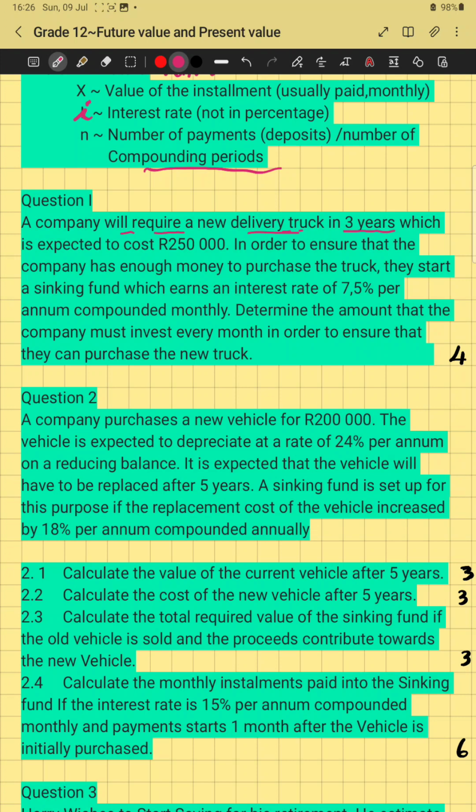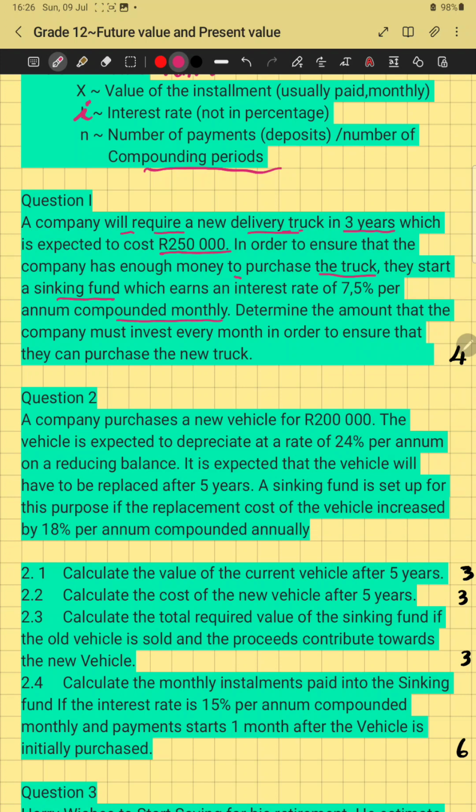They don't need it now, but they will need it in 3 years to come. Now let's continue, which is expected to cost 250,000. In order to ensure that the company has enough money to purchase the truck, they start a sinking fund which earns an interest rate of 7.5% per annum compounded monthly.